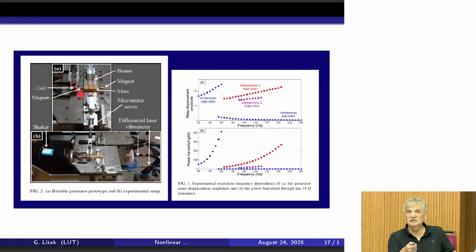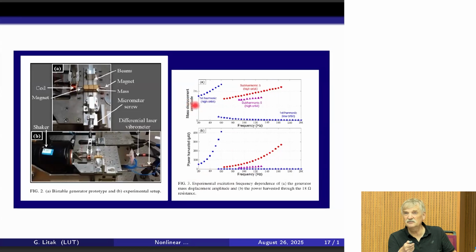By this system, this is an electromagnetic system with a single coil, you found some branches. If you look here, this is the displacement.